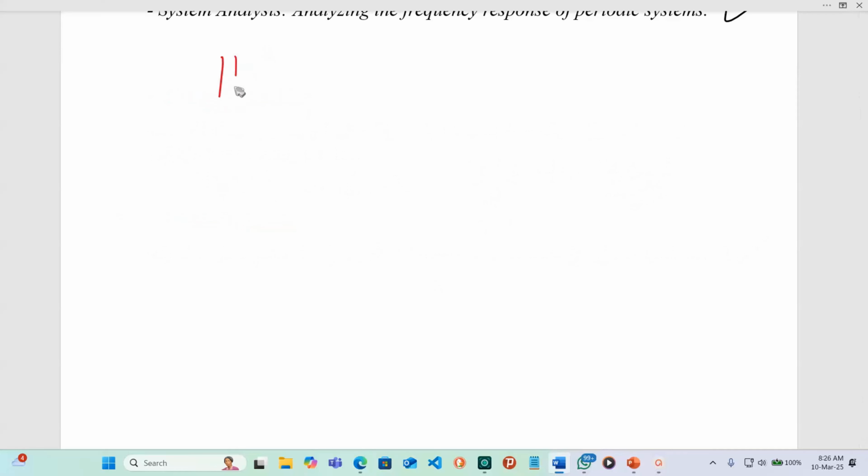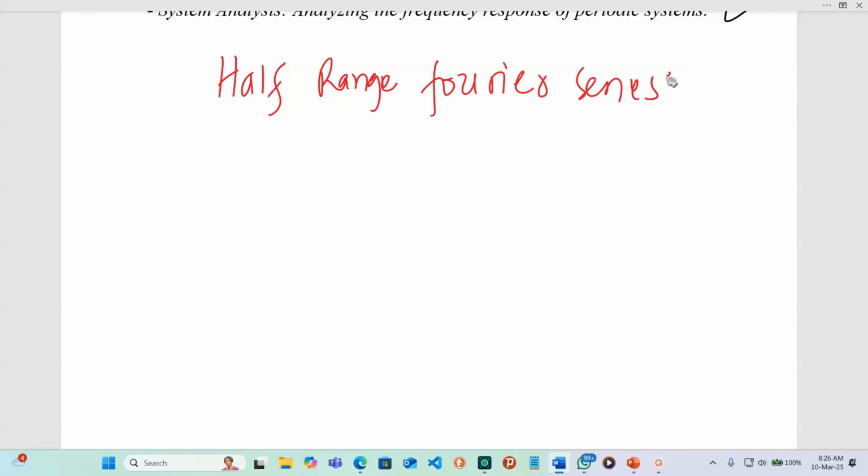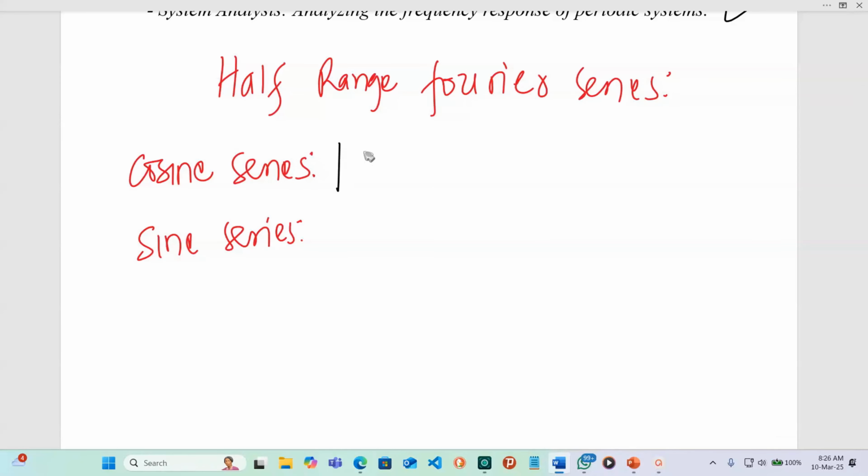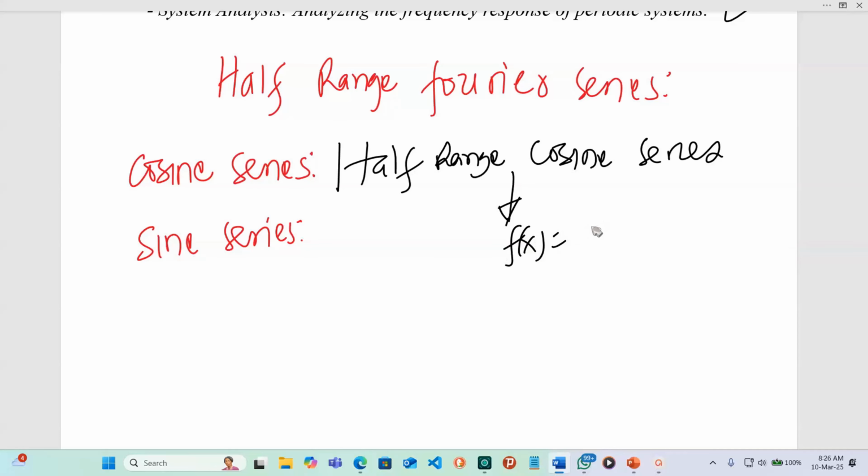Now let's talk about half-range Fourier series. You could be given a function and told to express it as maybe a cosine series or sine series. So here obviously we're talking about half-range cosine Fourier series. If you have f of x, this is going to be a naught plus the sum from n equals 1 to infinity of a_n cosine n pi x out of L. That's the only component that you'll be dealing with.